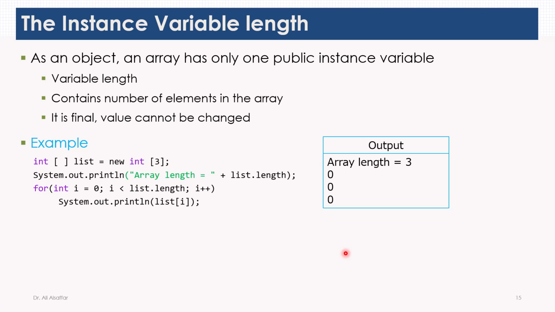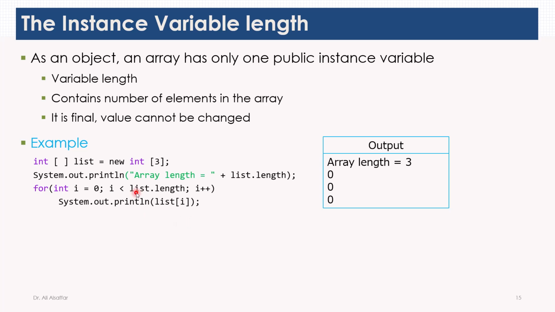Previously, when we were using loops to process arrays, we were using constants for the length of the arrays. Since we have an instance variable that can give us the length of the array, it's better that we use it instead of using constants.